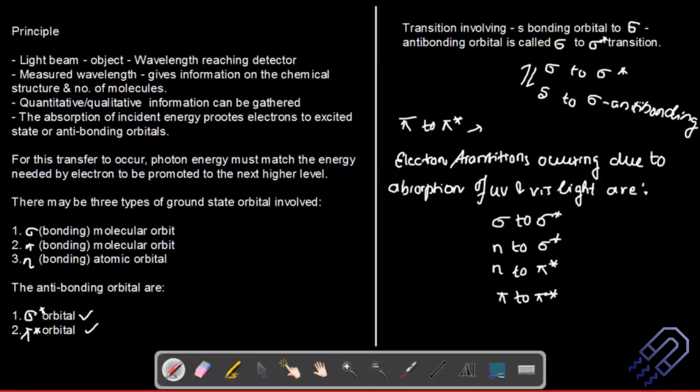Okay. And when we talk about something like sigma to sigma star or n to sigma star, it is at a larger distance. So if I take this condition, this will require a lot of energy. I'll tell you why. It will involve high energy.